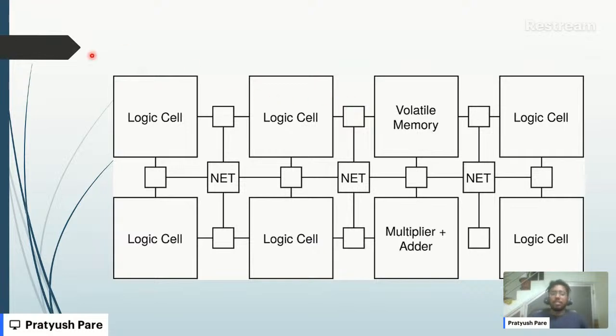Now this is similar to what I have covered, but now we can give a summary. Let's say you made a very complex design which has some multipliers, adders, some memory elements to store some logic. If you have some memory elements, they will get stored in the volatile memory.